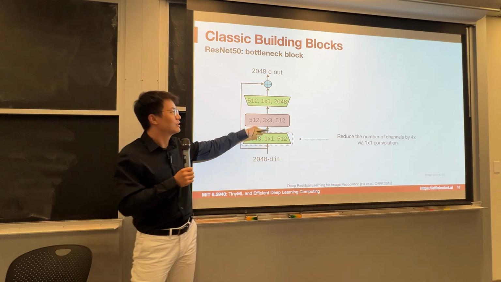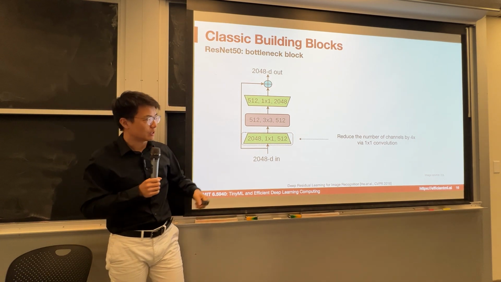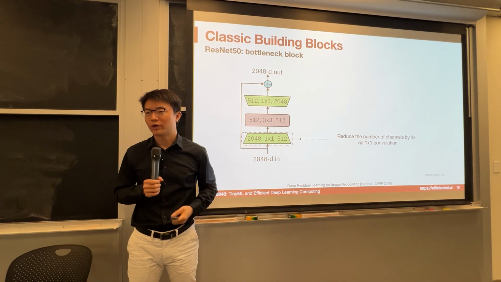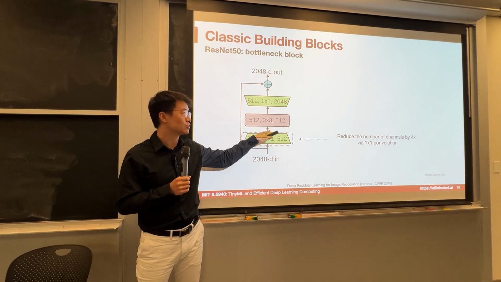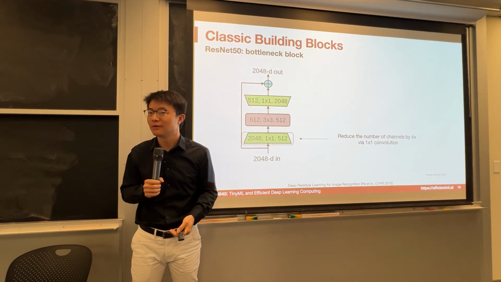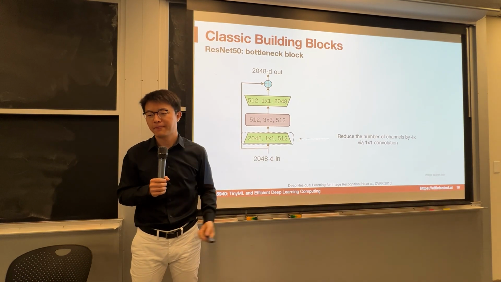Why are we stacking 3 layers together? So let's see. The 3x3 convolution is much more expensive than 1x1 convolution. Actually, how many times more FLOPs if the channel number is the same? 9 times more expensive, right?